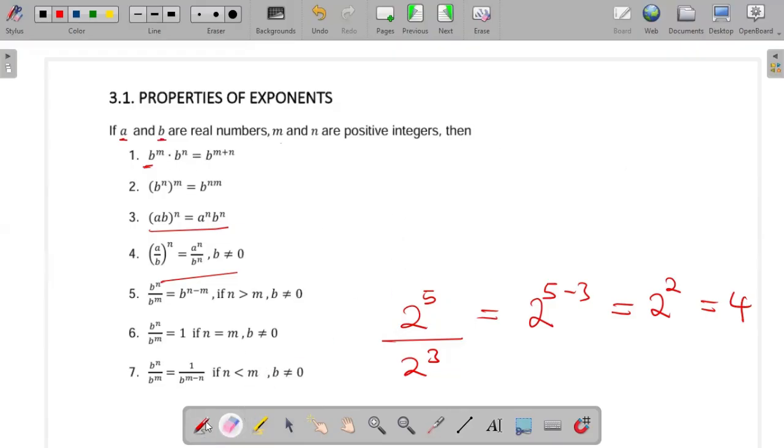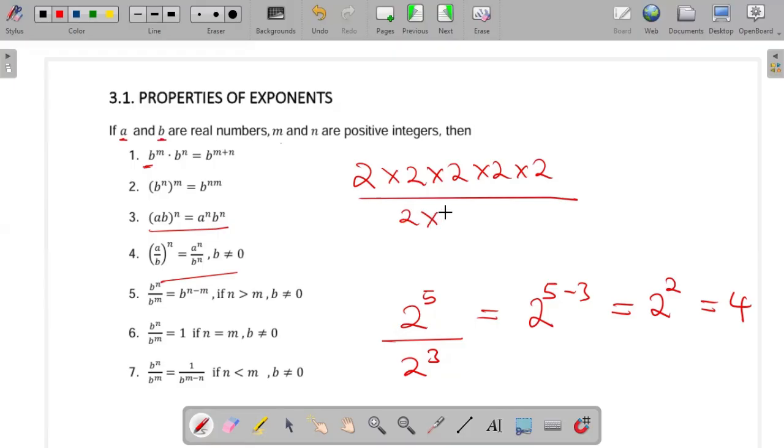We can prove or check that this is true. 2 to the power 5 just means I'm multiplying 2 by itself 5 times. So that'll be 2 times 2 times 2 times 2 times 2. So that's what I have in the numerator. Then in the denominator, you have 2 multiplied by 2 multiplied by 2, like that.